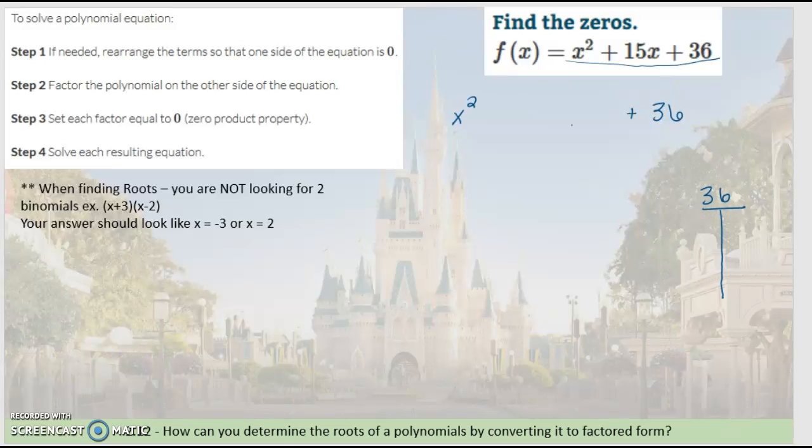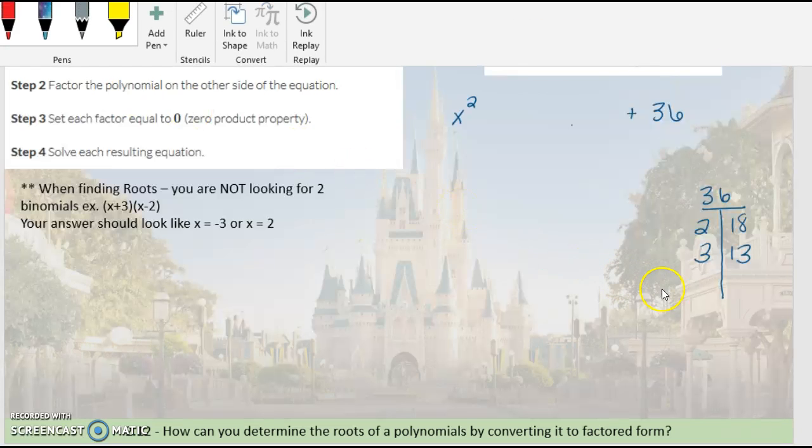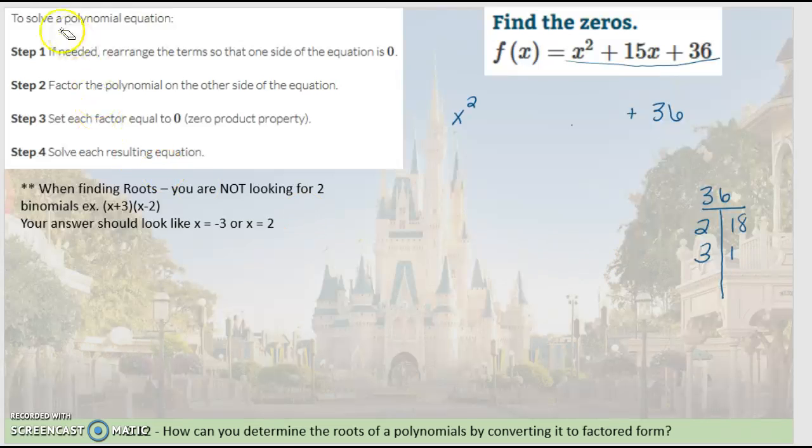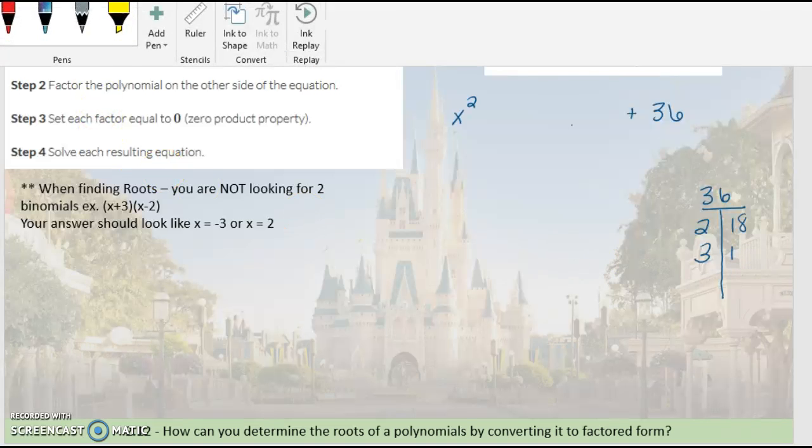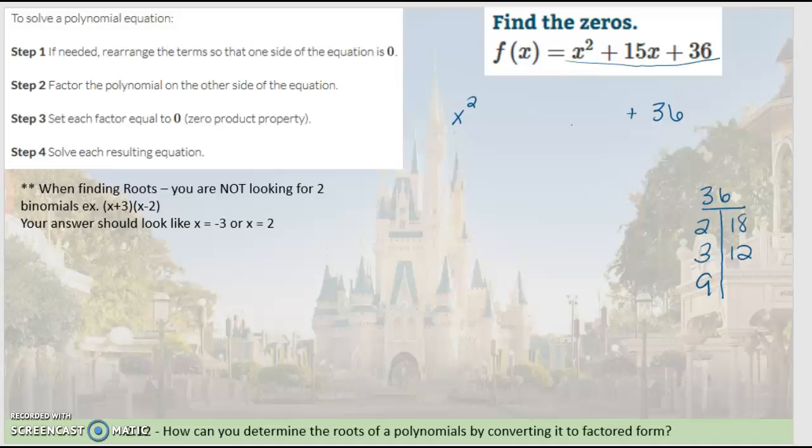So numbers that can multiply to be 36, we can do 2 and 18. We can do 3 and 12. I'm sorry, that should be a 12. It's 3 and 12. My brain's working today. You can do 9 and 4.